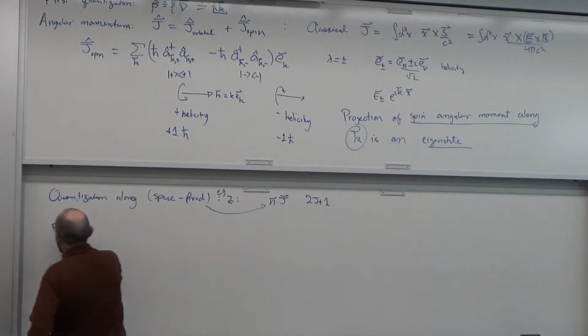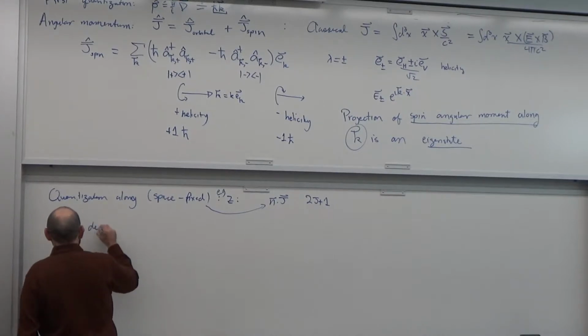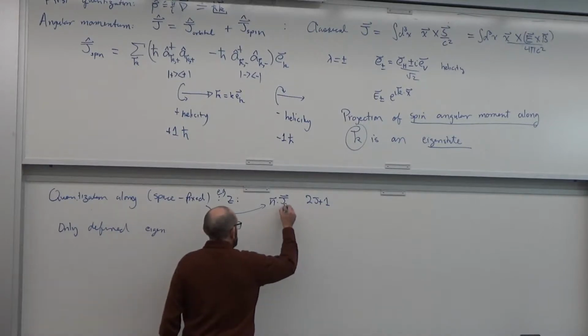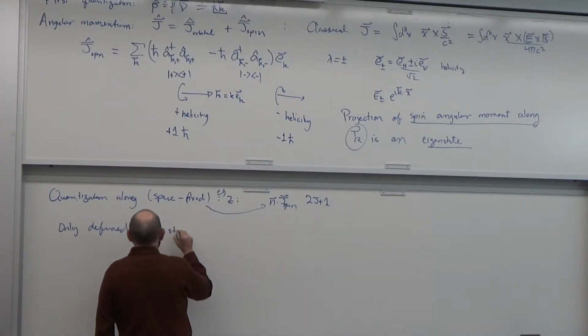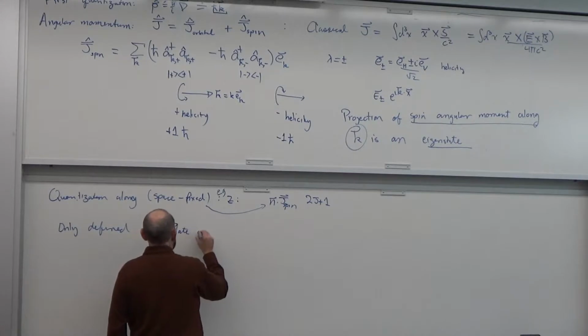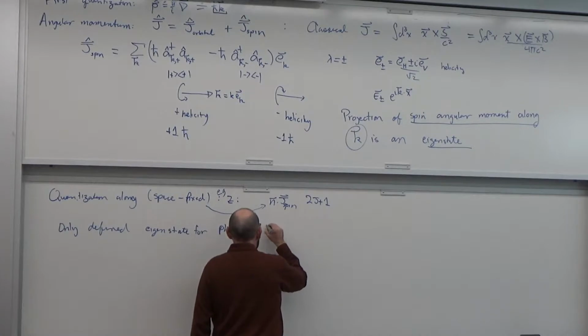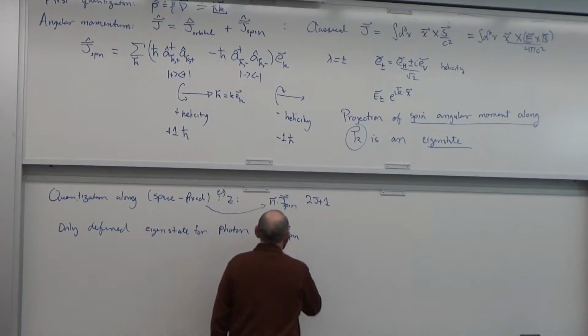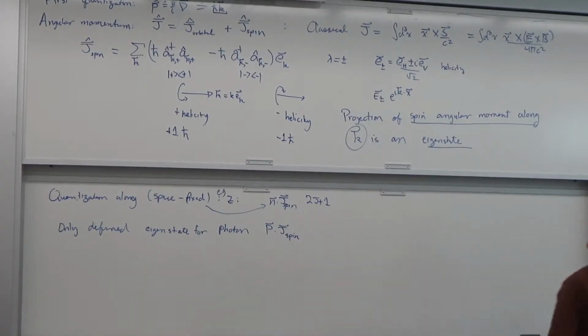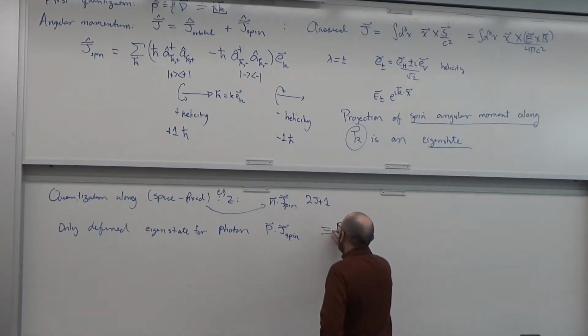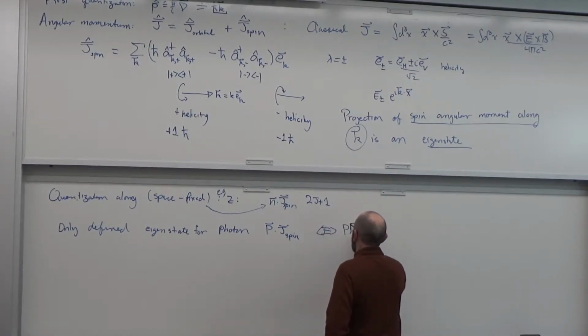We can only define states that are eigenstates of the momentum dotted into the spin. Why is that? Well, it's a complicated business, but this is intimately related to the fact that the photon is massless.